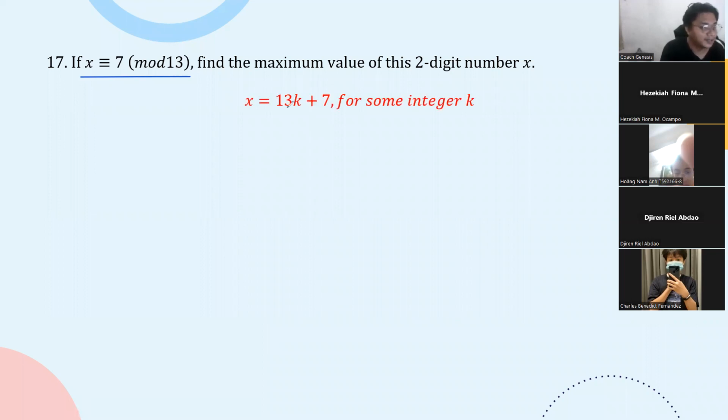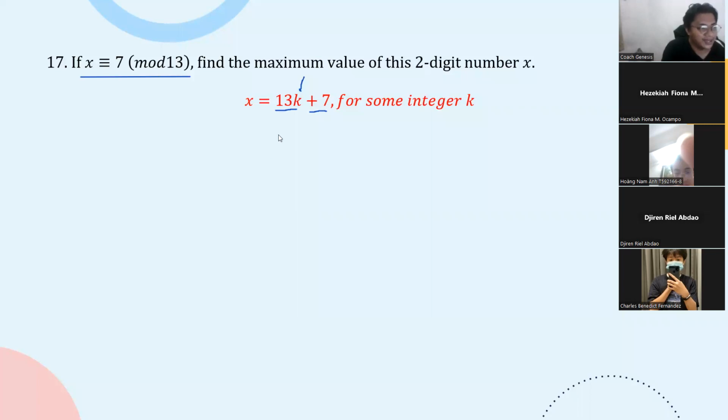So as you can see, 13 is the divisor, right? So 13 times k, because if you divide by 13, of course, the answer will be the quotient. So let's say k. And then we add 7, because 7 is the remainder. That is why x can be expressed as 13k plus 7 for some integer k.